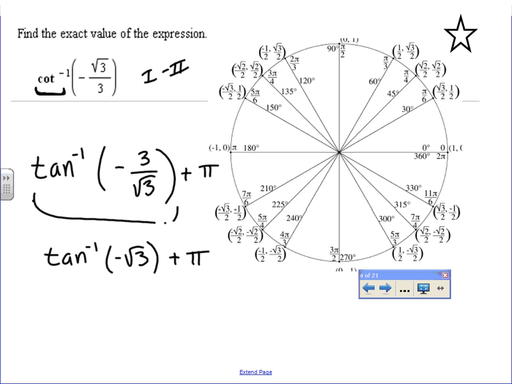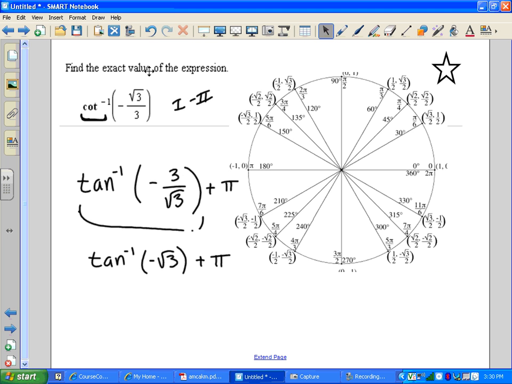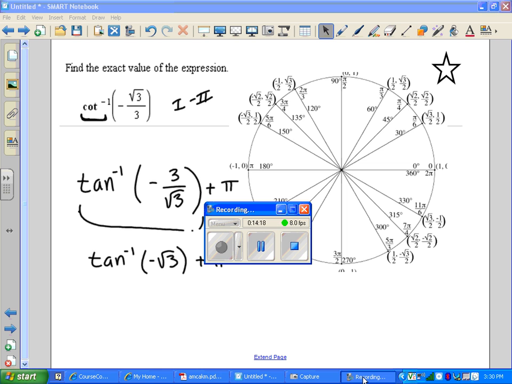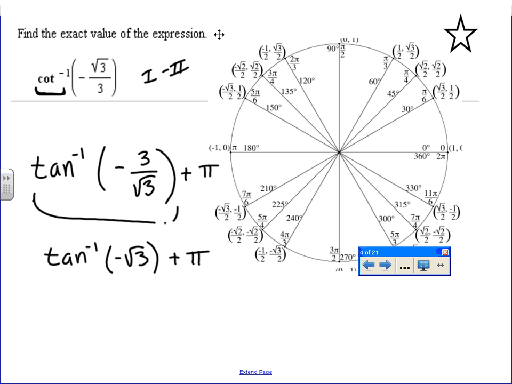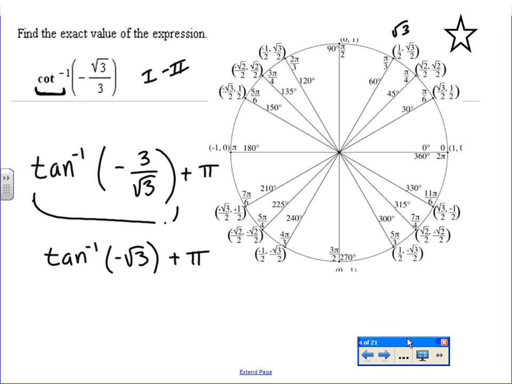Now, if we've got our tangents memorized, especially in the first quadrant, then this is pretty easy. If we don't have our tangents memorized, then we're going to have to do a little bit of trial and error. So recall here, in the first quadrant, at 60 degrees, or at pi over 3, the tangent value there is square root of 3. Now, if you really didn't realize that, you'd have to say, well, how do I find tangent? I do sine over cosine.